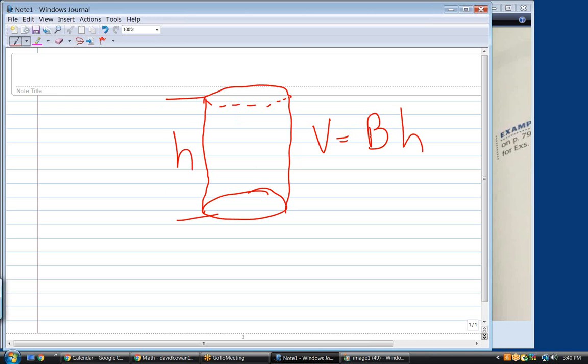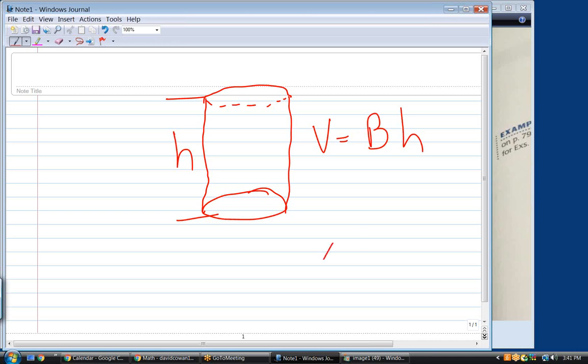So if the base is in square inches and the height is in inches, we end up with cubic inches. You always want your volumes to be cubic inches or whatever cubic dimension they're using, and areas to be two-dimensional, and measurements of linear things to be one-dimensional.